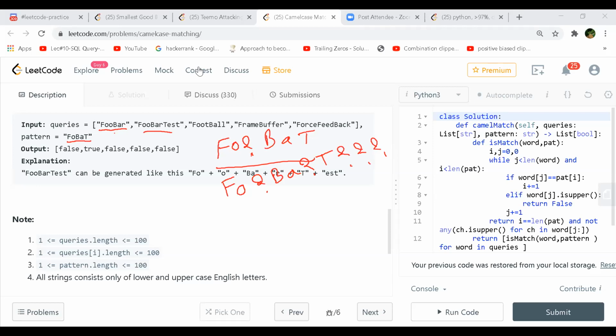No. Okay, so in that case, see now if you look at this foo bar test, right? Because you don't know the pattern, if you say BAR and then question mark, that should be present in the pattern also, right? AR. But that's not the case. Because you will have more lowercase letters in your query than in your pattern, right?